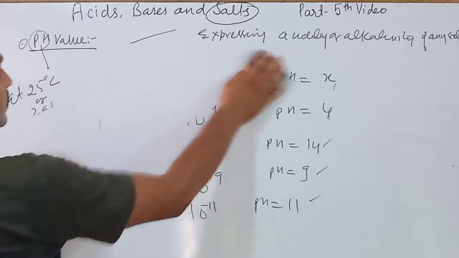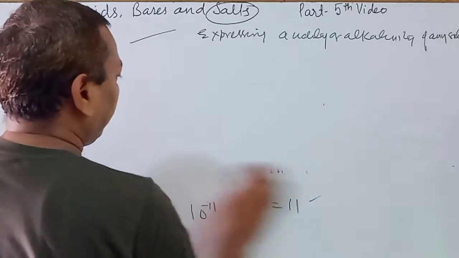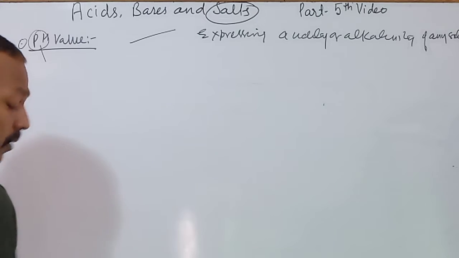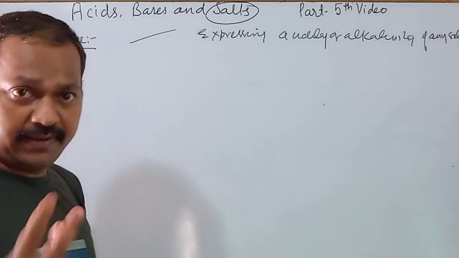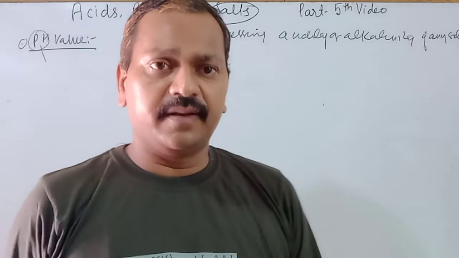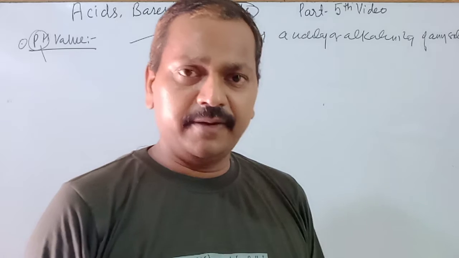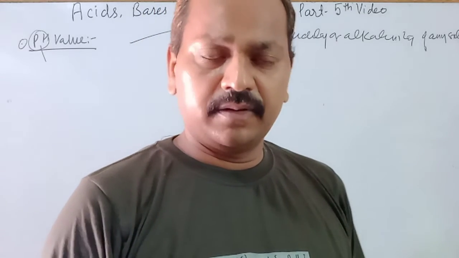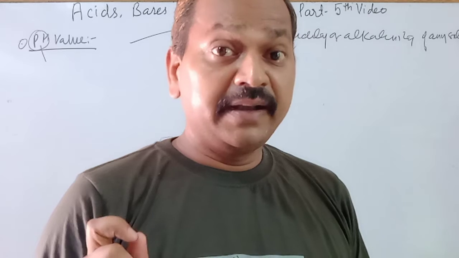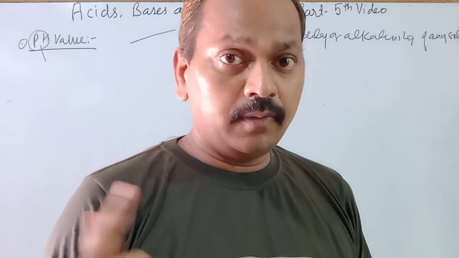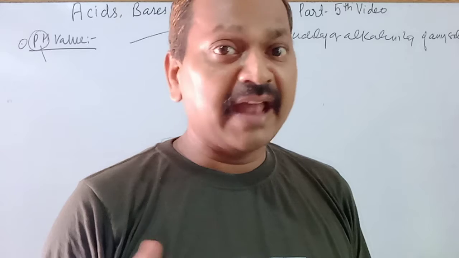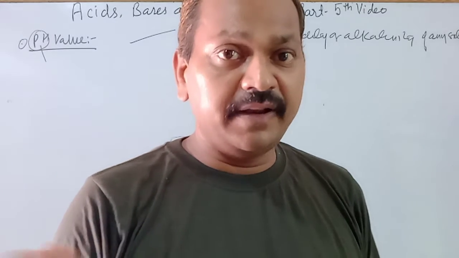Now next, this concentration we are taking in terms of moles per liter. Now what is the definition of pH value according to Sorensen? The pH may be defined as the magnitude of negative power to which 10 must be raised to express the concentration of hydrogen ion of any solution in moles per liter.